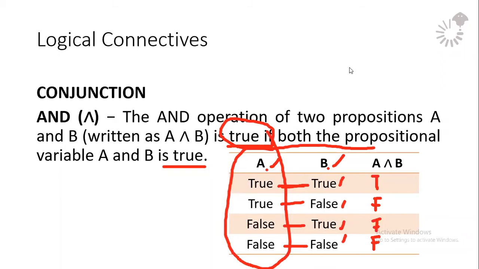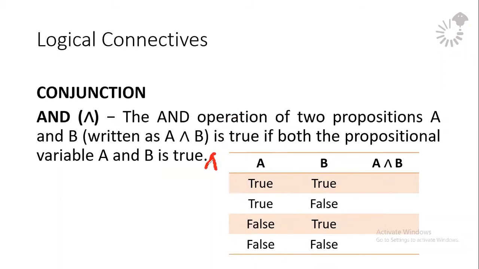Paano kung tatlo? Kunwari, tatlong variables, A1, A, and B. So, ano ang itsura ng truth table natin? Dito, alternate na isang true, isang false. Dito, dalawang true, dalawang false. Dito, 4. Diba sa binary, or sa hexa, octa, yung apatan, tatluhan.